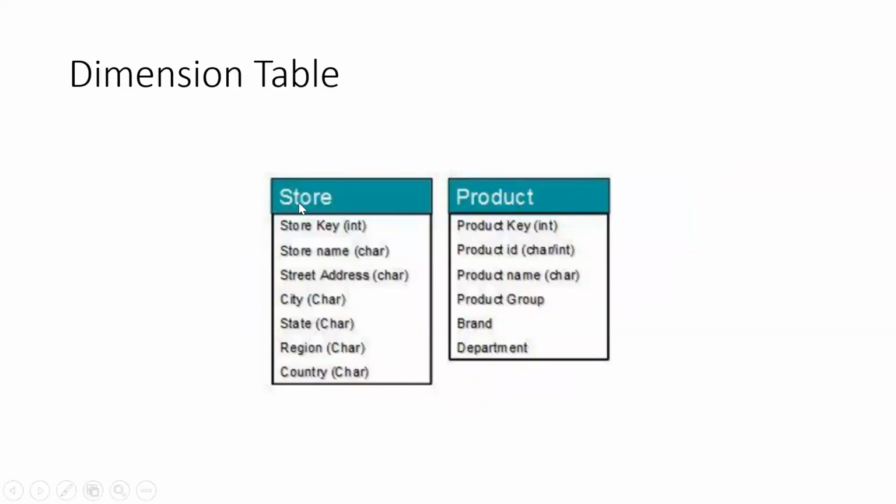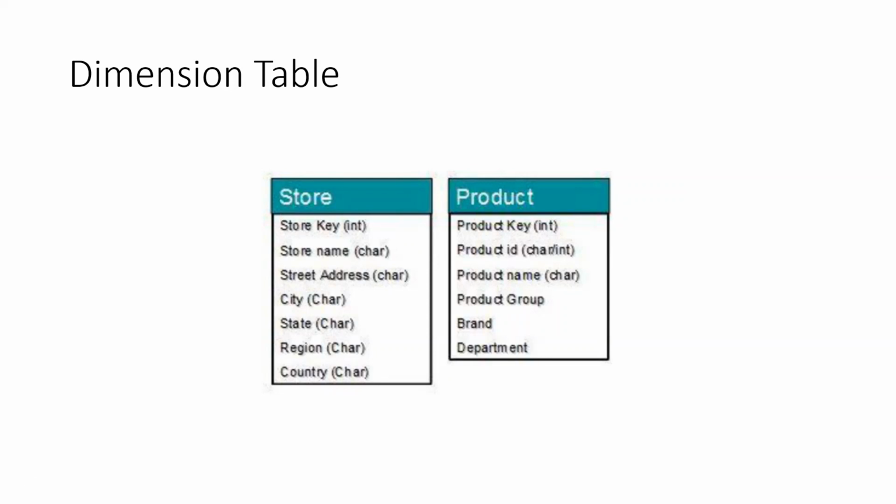Over here we have represented two different dimension tables, store and product. You can see all the store related information is stored over here: store key, store name, street address, city, state, region, country. For the product: product key, product ID, product name, product group, brand, department.